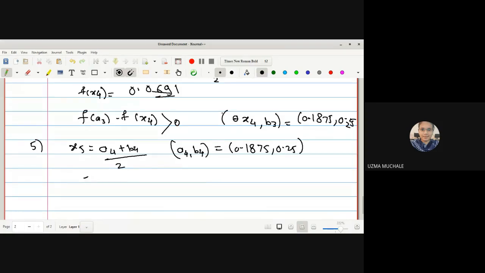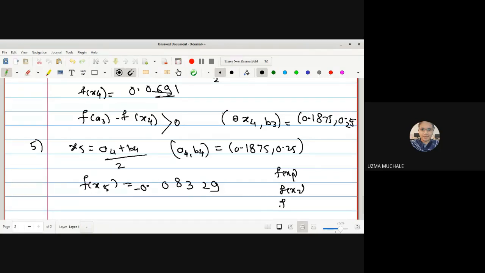Now, let us calculate the value of f of x5. What is f of x5 we are getting? It is minus 0.08329.